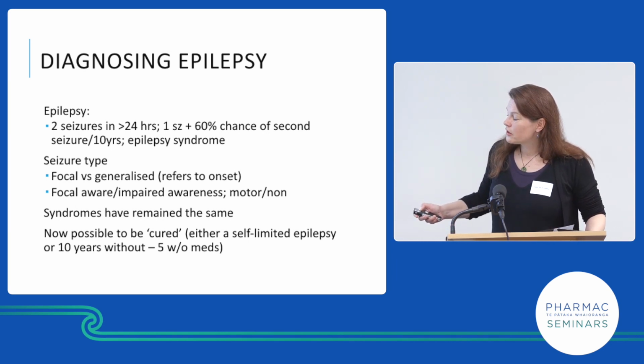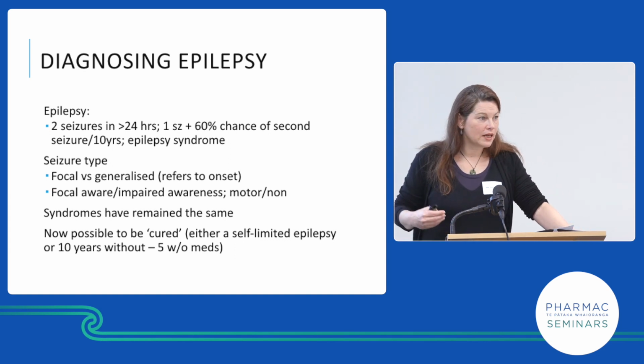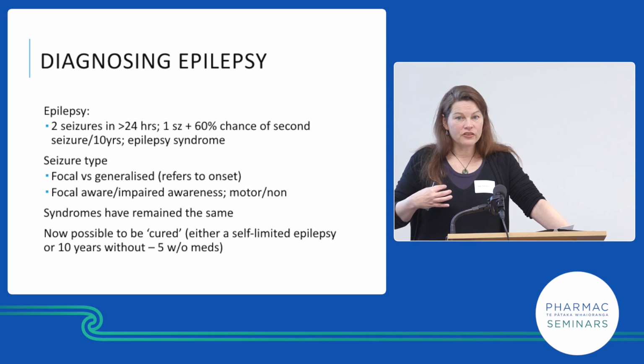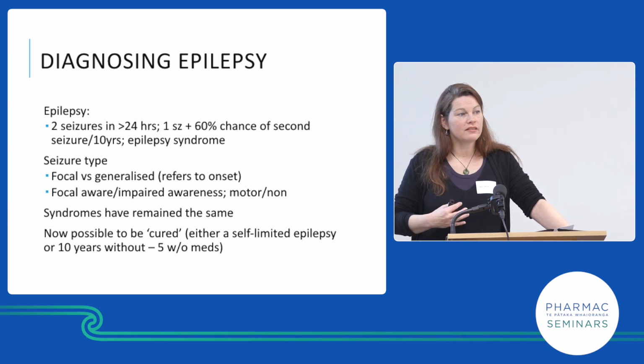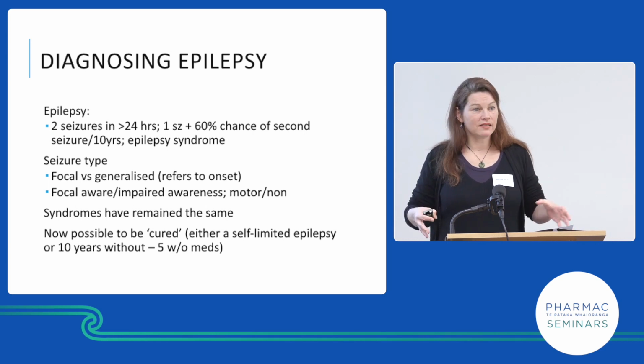The new seizure classification has two types, basically focal versus generalized. So focal seizures can either be with full awareness or impaired awareness, and they can be motor or non-motor. By generalized, we now no longer mean the possibility of a focal onset that generalizes. By generalized seizure, we mean seizures that come on in multiple parts of the brain at the same time.